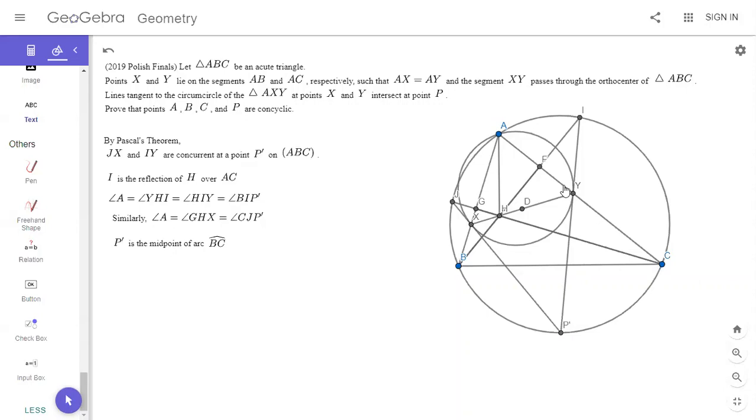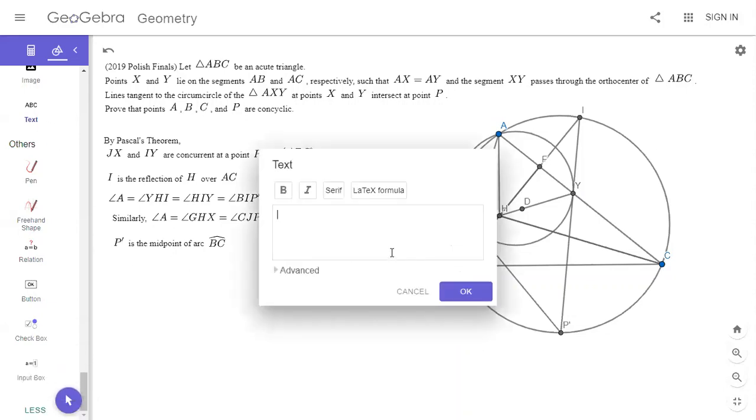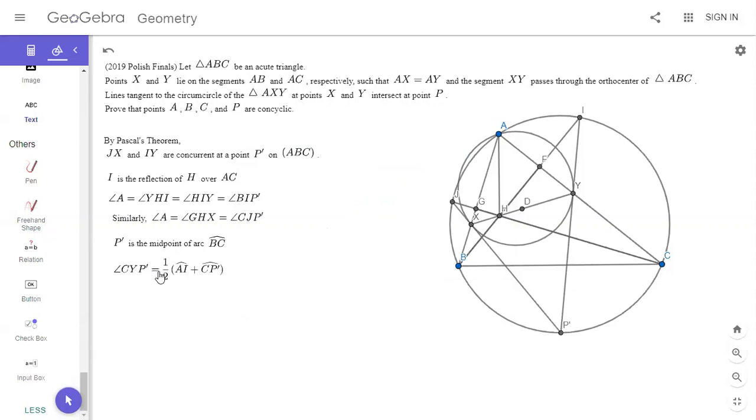I know I can calculate angle CYP prime, and then I could probably use that. So I'm just going to write this out. Angle CYP prime is half the sum of the two intercepted arcs. Okay. We know CYP prime is equal to AYX, and that should finish it, because of the symmetry.